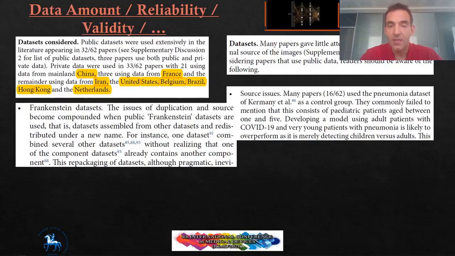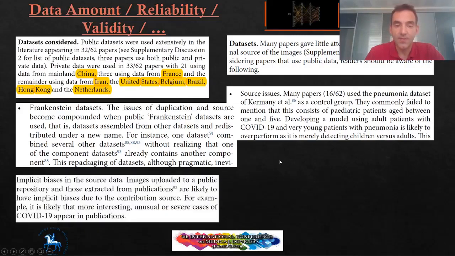For example, in this COVID-19 article, one dataset combined several other datasets without realizing that one of the component datasets already contains another component. So you are internally doubling, tripling the number of images that are obtained from a specific center or a specified condition. So this of course creates an important bias for your model.